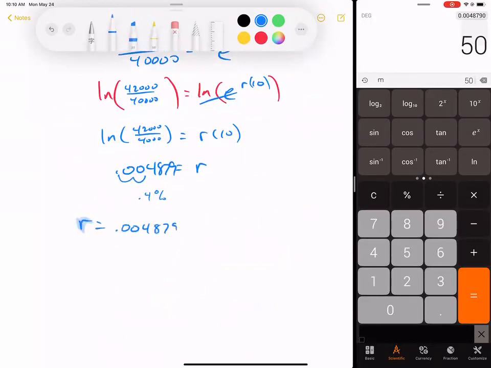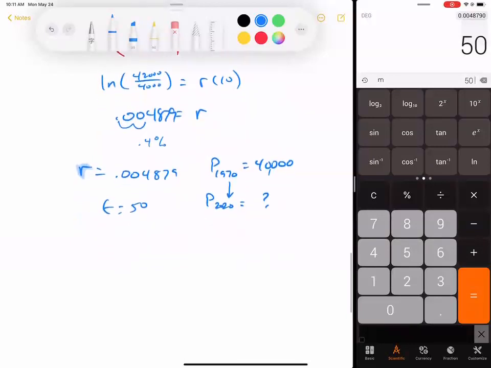I'm going to take as many decimals as I can. We have an initial population in 1970 of 40,000. And then our final population at 2020 is what we're looking for. The number of years it takes us to get from 1970 to 2020 is 50 years.